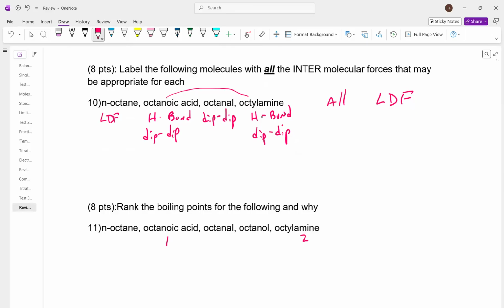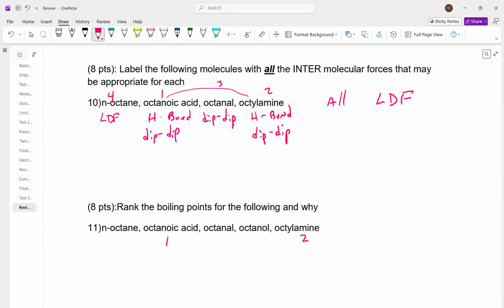Actually, I thought they were the same thing. Let me rank the problem 10, and then we'll look at problem 11 here. Okay, so this is going to be number 1. Number 2 is going to be this guy. 3 is this one. 4 is this.